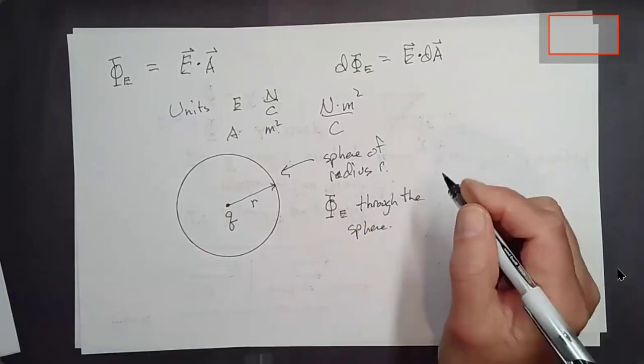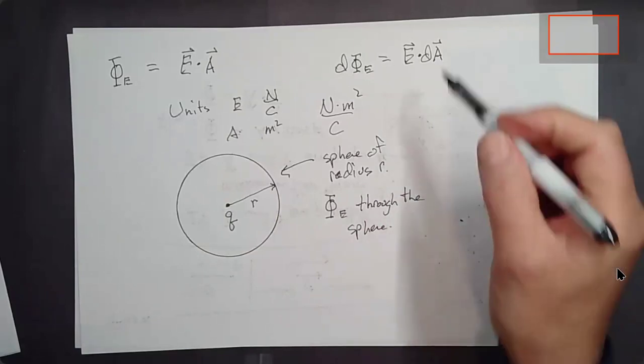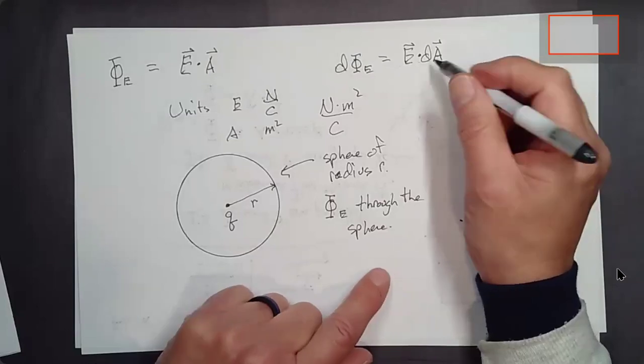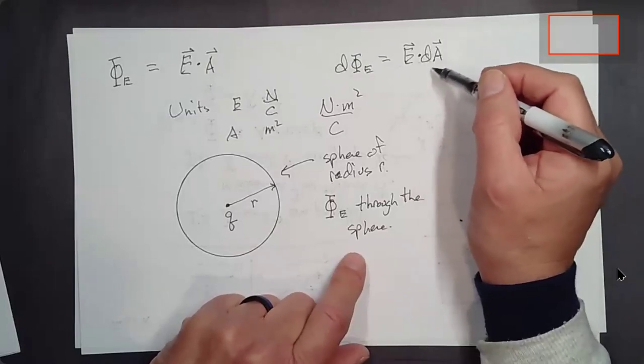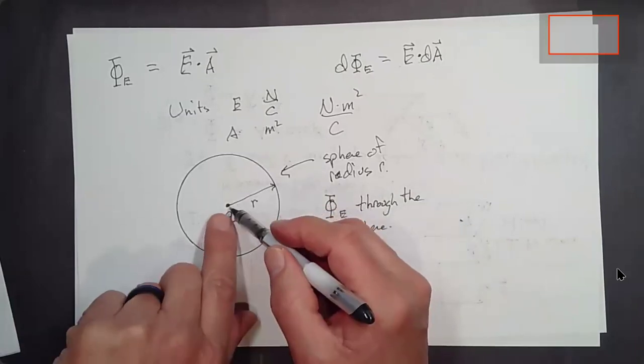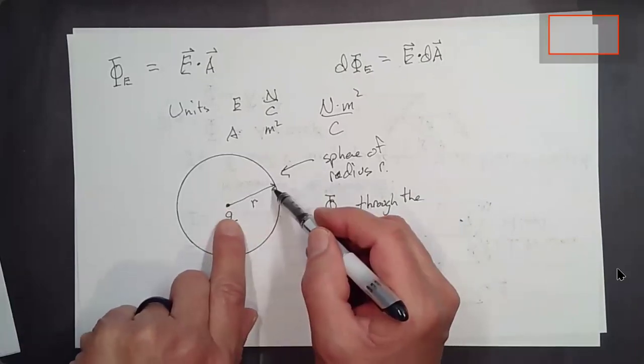Well, to do that, we need to know, and actually we'll kind of be doing this E dot dA sort of thing here, where we'll be integrating over the area of the sphere, but we need to know the electric field at distance r away from a point charge.